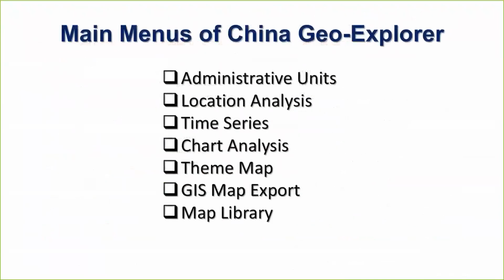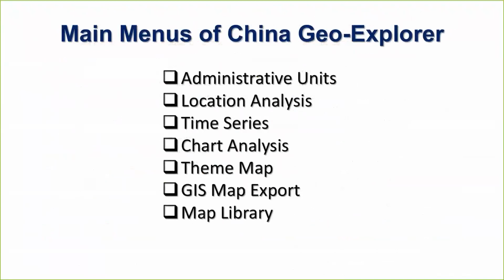So here is the main menu of the China Explorer. With administrative units, you can query the data by province, city, county, or township. Location analysis provides a spatial data report based on XY coordinate location and a spatial range, say 1 mile, 3 miles, or 5 miles.